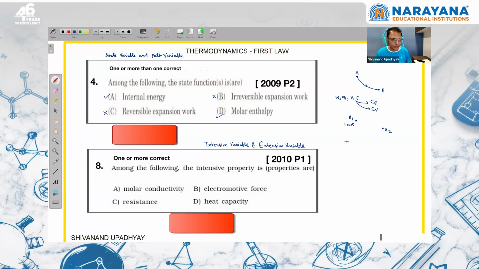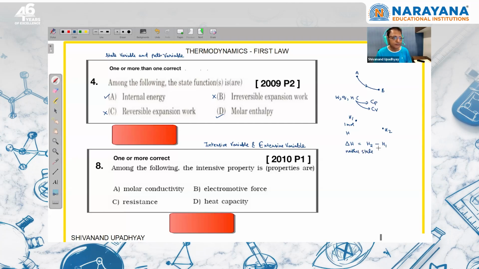Along with that, I want to discuss that H is a state variable. But delta H is not a state variable, because in order to define delta H, we need two states. If we define delta H, then H2 and H1 will be there. So H is a state variable, but delta H is neither a state variable nor a path variable.